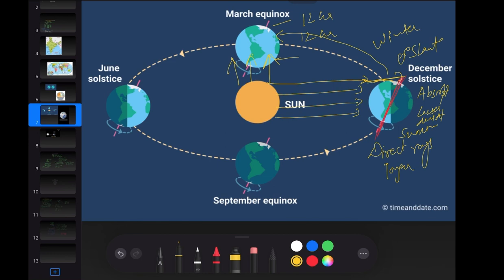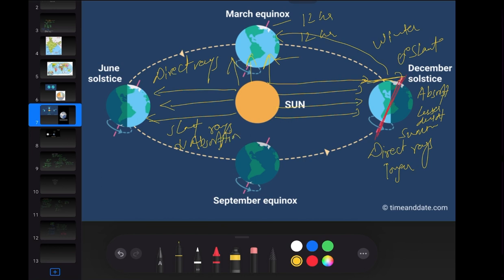While in summer condition, the condition is reversed. The northern hemisphere is closer to the sun, while the southern hemisphere is far away from the sun. The northern hemisphere experiences direct rays, while the southern hemisphere experiences slant rays. Slant rays mean less absorption, less intensity, or shorter duration.